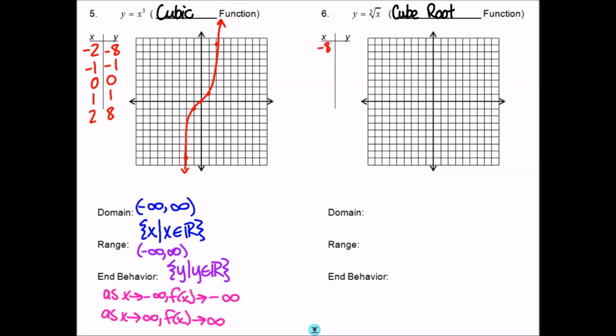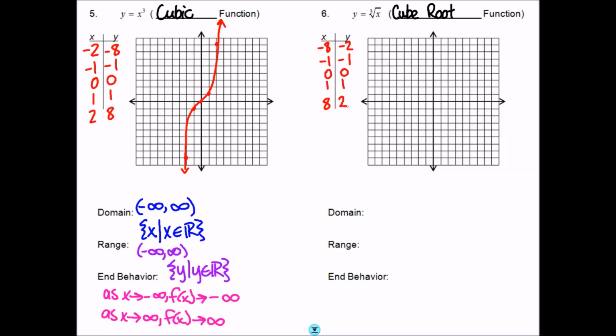So I'm going to pick -8, -1, 0, 1, and 8. The cube root of -8 is -2. The cube root of -1 is -1. Cube root of 0 is 0. Cube root of 1 is 1. Cube root of 8 is 2.